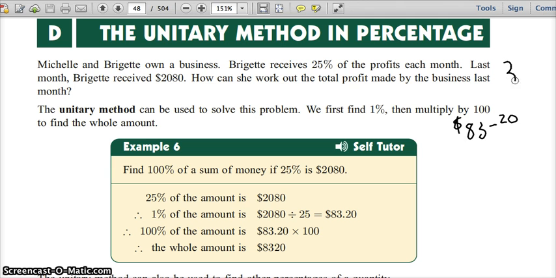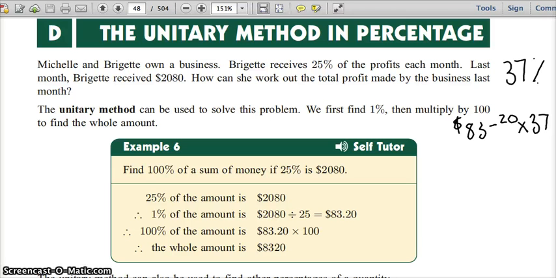If I was to ask you, Brooke, what is 37% worth? You would do what? Times what by 37? 83.20 times 37.